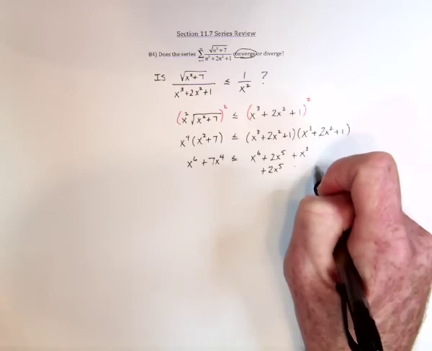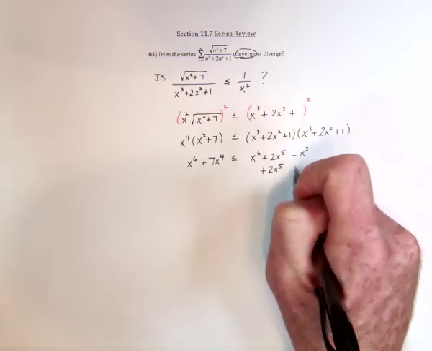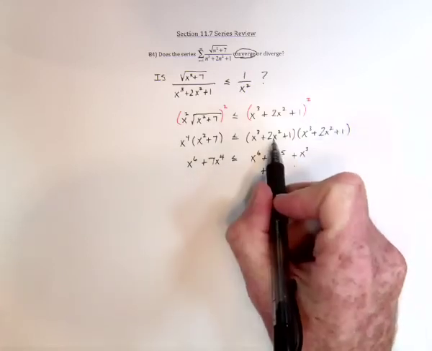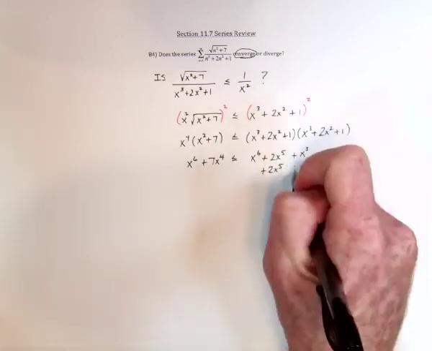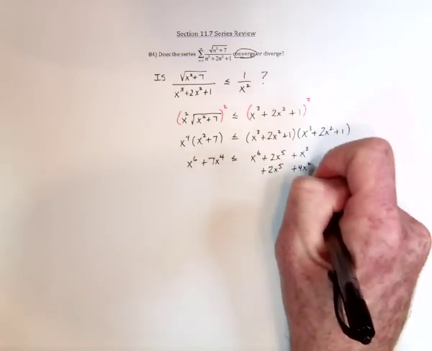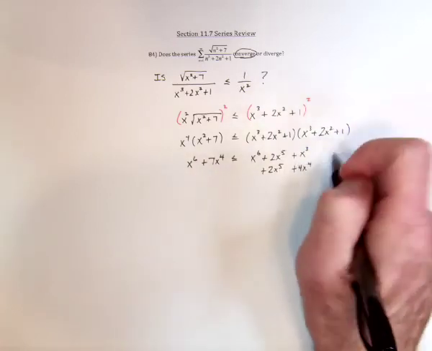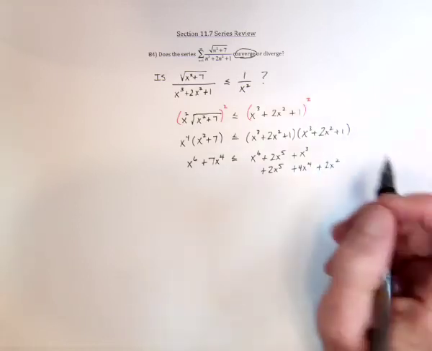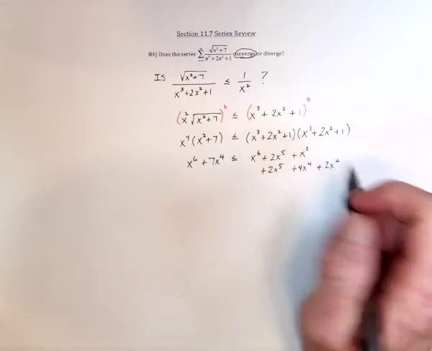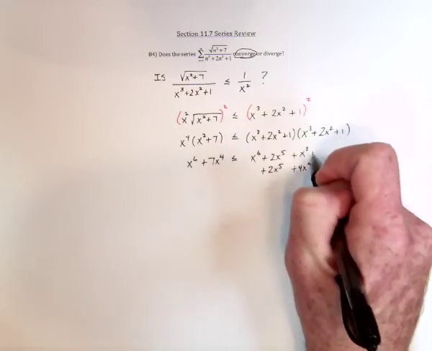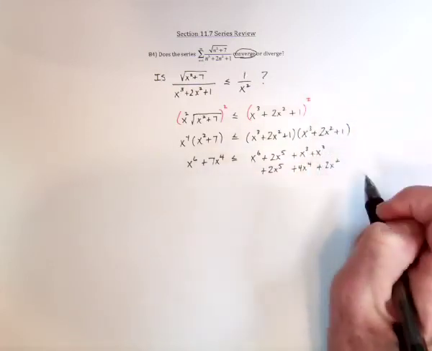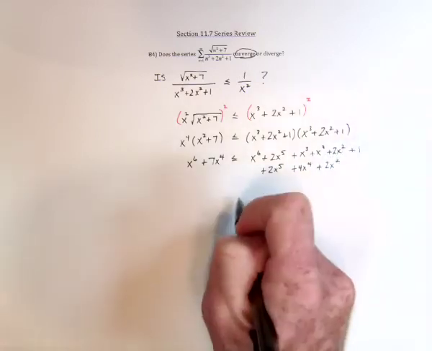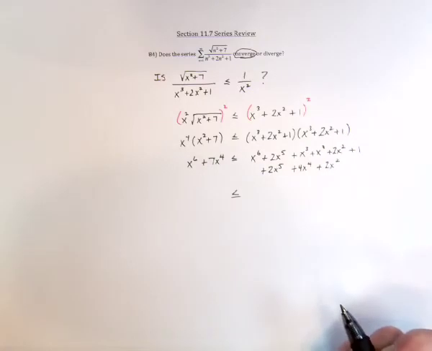I thought I could line them up, but this guy is in the way. That's alright. So you've got this one times the middle, so 4x to the 4th. And this one times the last is 2x squared. And then for the last one, it's going to be 1 times all of this, so there's going to be an x to the 3rd, 2x squared, and 1 times 1. Who's afraid of algebra?